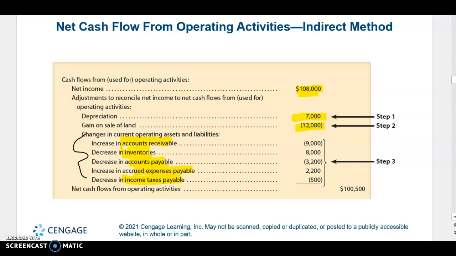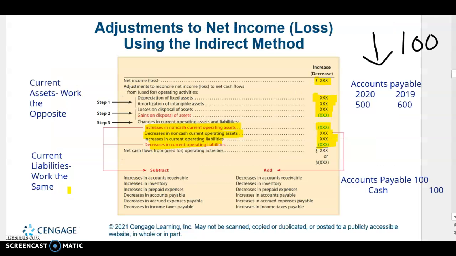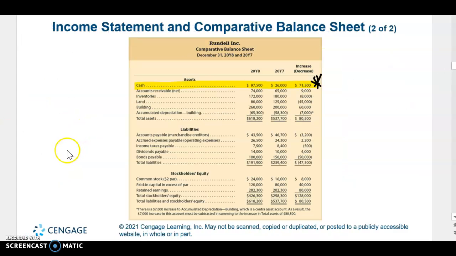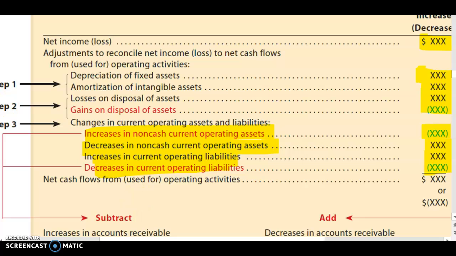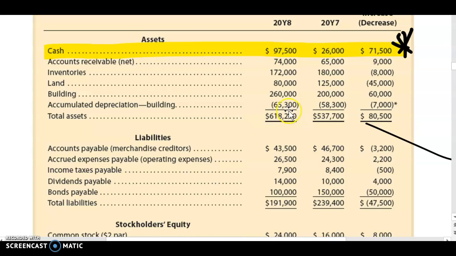So let's go look and see how we knew that accounts receivable increased. So let's go back to our balance sheet. Okay, and you can see, let me zoom in. Okay, so, oops, I'm on the wrong slide here.